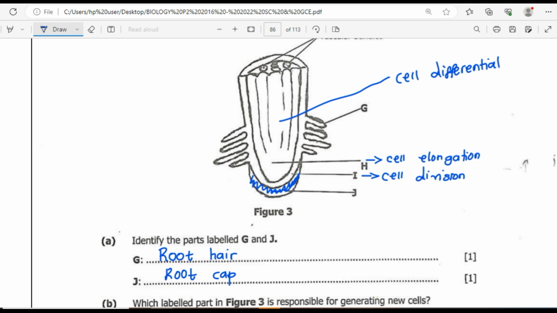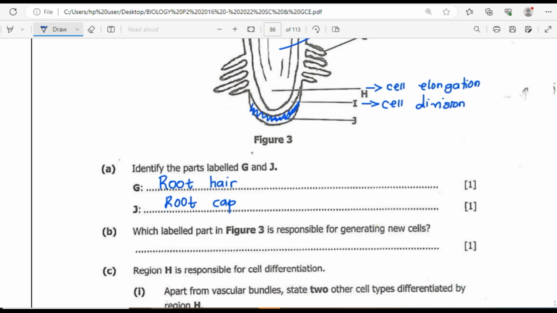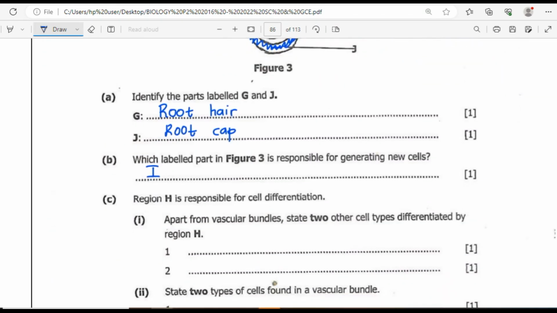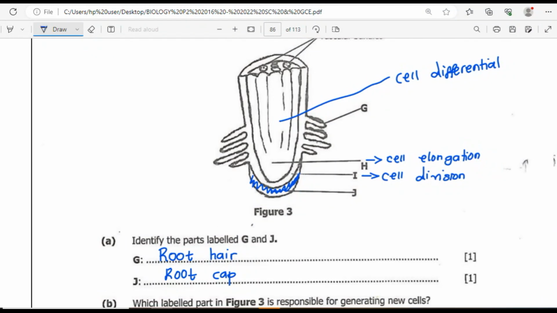Now, which labeled part in figure 3 is responsible? So we know it's part I. Then we have region H, which is responsible for cell differentiation. Where is region H?